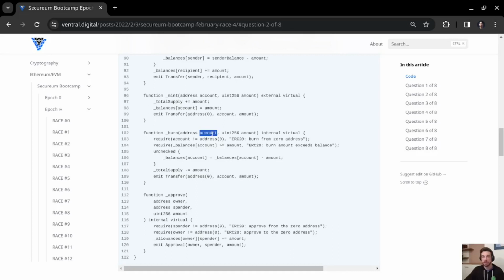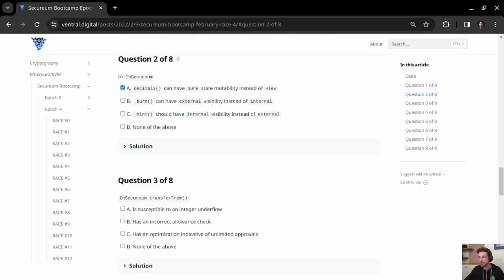So in some automated market maker, all of the tokens in that automated market maker are burned, and then the automated market maker is suddenly completely unbalanced, and that is basically a very effective market manipulation, and therefore the tokens that we just burned become super valuable, because to the AMM there are suddenly so few tokens within it. So a public burn function is just as dangerous as a public mint function, and therefore burn should definitely not be external, and mint should definitely have internal visibility instead of external.